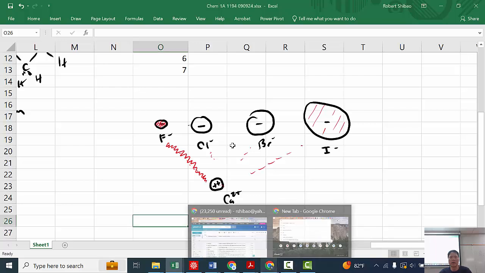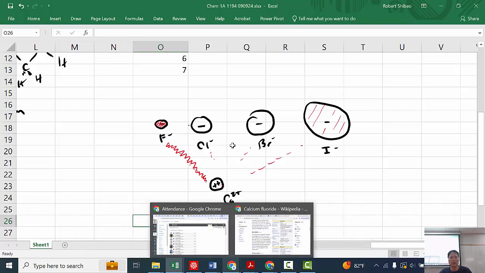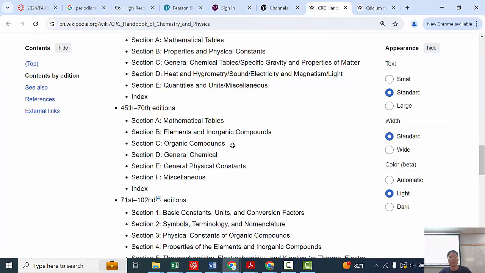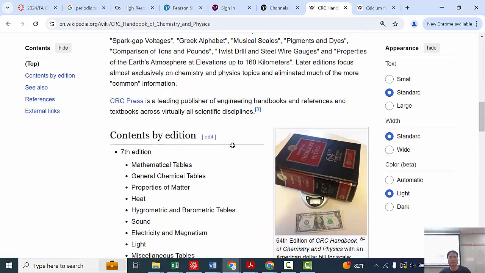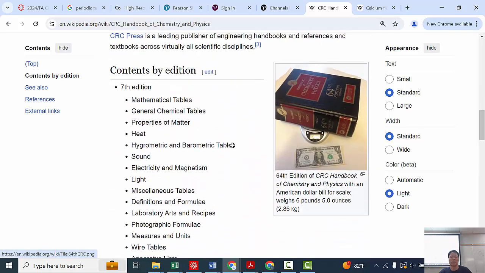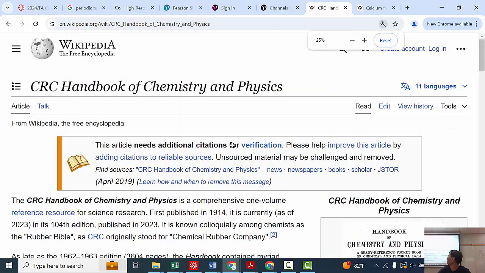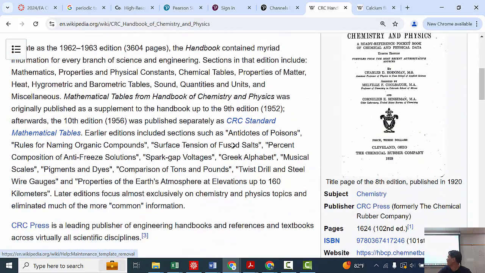And the bit more work involves looking it up. So where would I start? I'd probably start here. Do you recognize this book? This book is called the CRC Handbook of Chemistry and Physics, and it has a whole bunch of data.